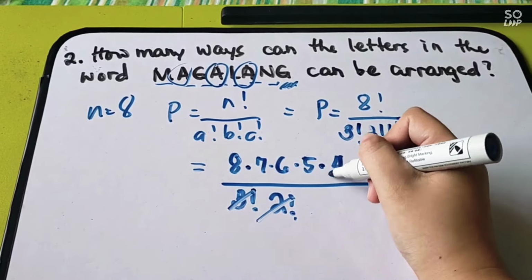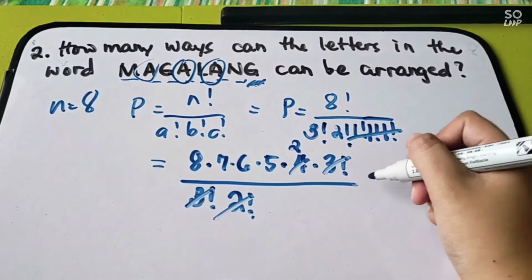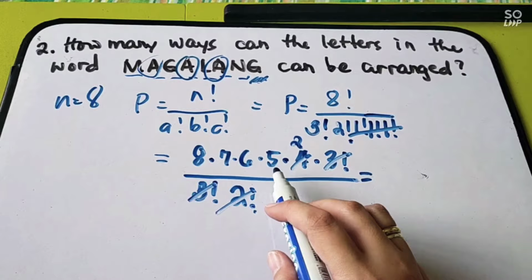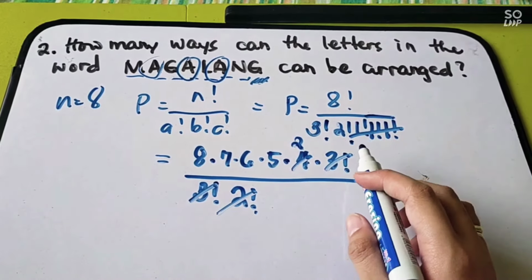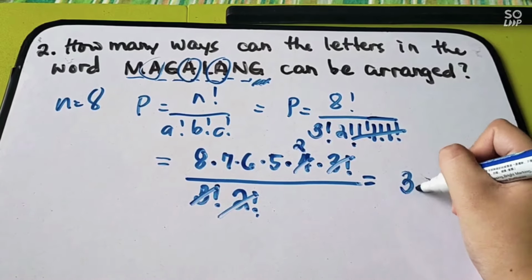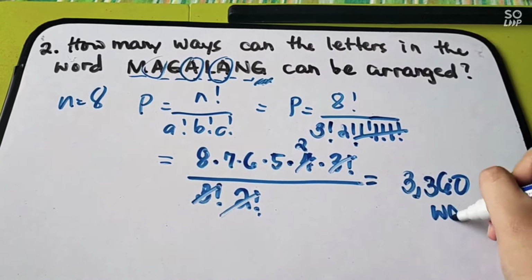Ito, divide mo lang to sa 2, magiging 2 na tong 4. Then, multiply mo na lang si 8 times 7 times 6 times 5 and then times 2. The answer here is 3,360 ways.